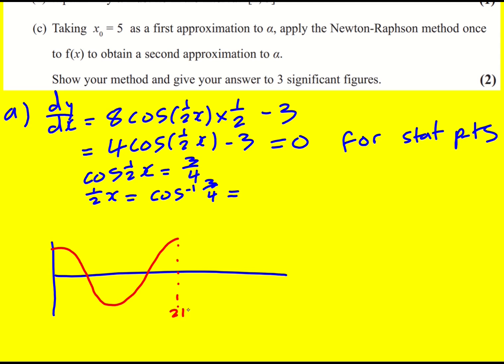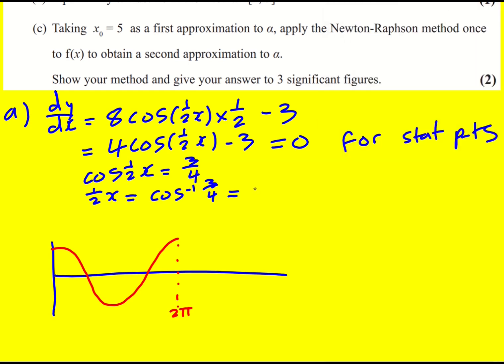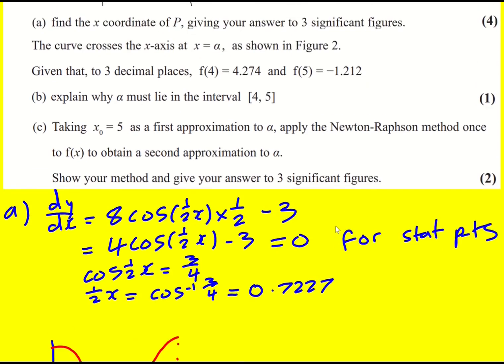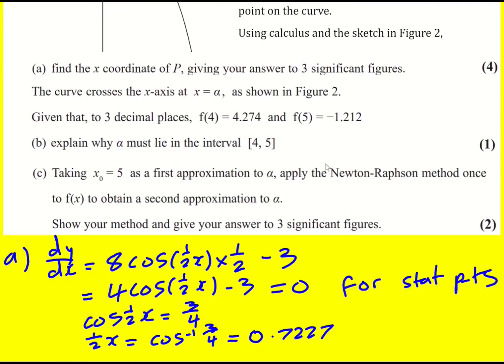So that's after 2 pi. Inverse cos 3 over 4 gives 0.7227. Make sure you're working in radians. Now I'll double that, and that would actually give me this point here. So I don't want that one, so I'm not even going to worry about finding it. The next one I find would be that one there.